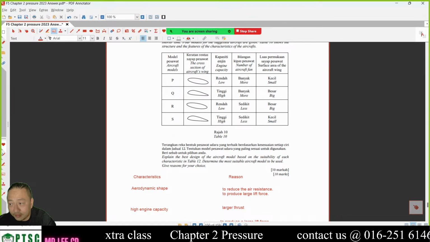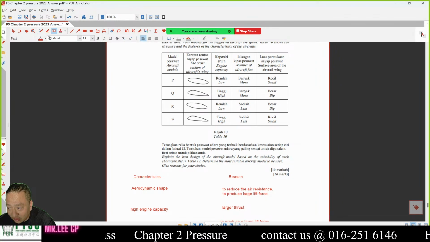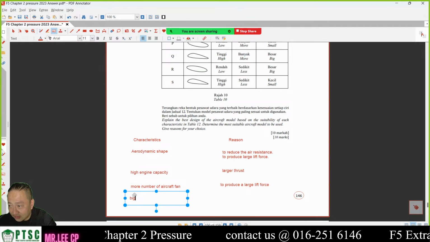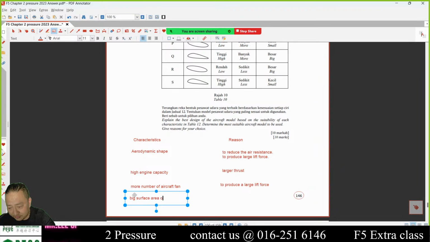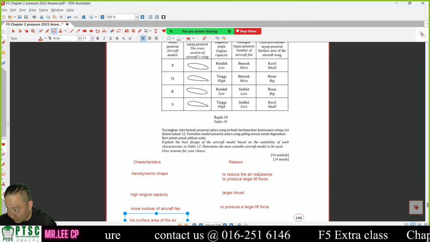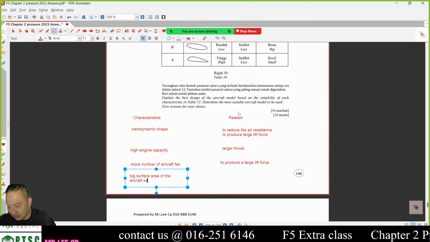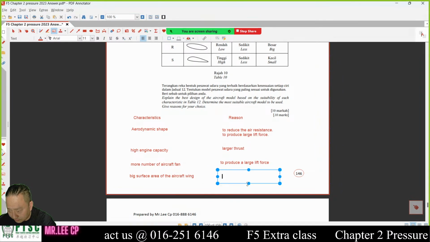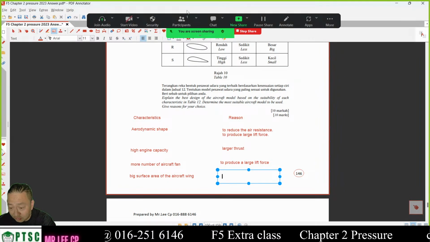All right, so next one, surface area of the aircraft wings. So it is big. Why does the area of the aircraft wing have to be big?